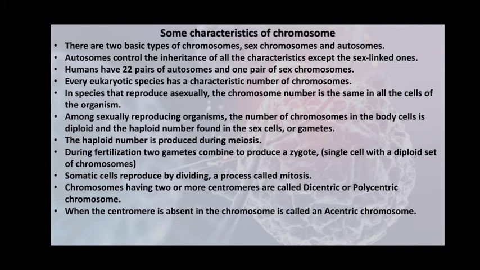The haploid number is produced during meiosis. During fertilization, two gametes combine to produce a zygote, a single cell with a diploid set of chromosomes. Somatic cells reproduce by dividing, a process called mitosis.